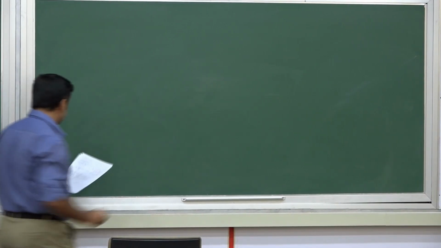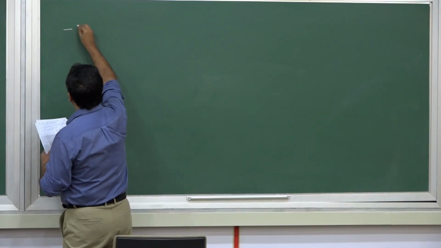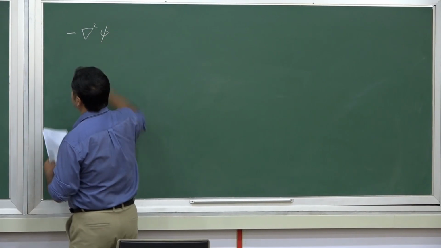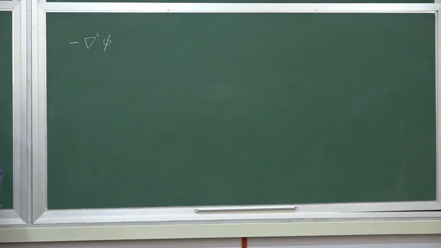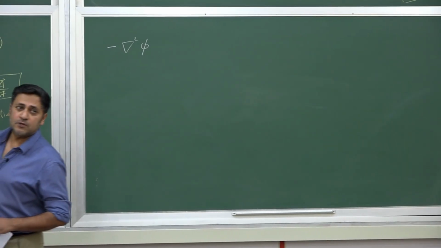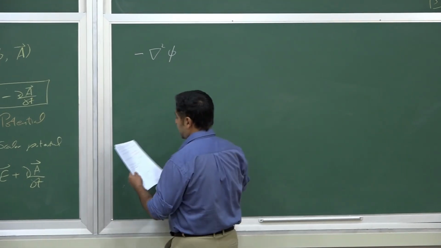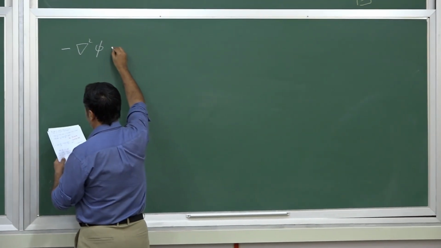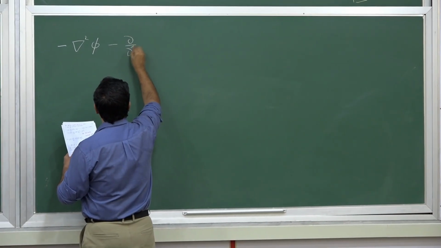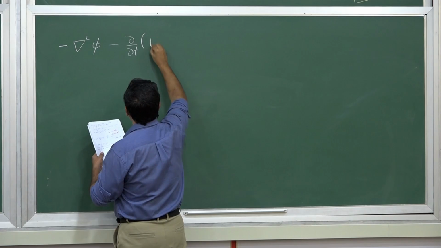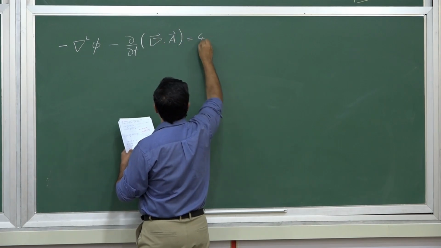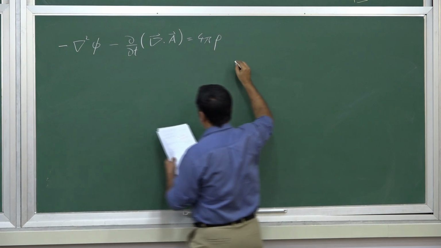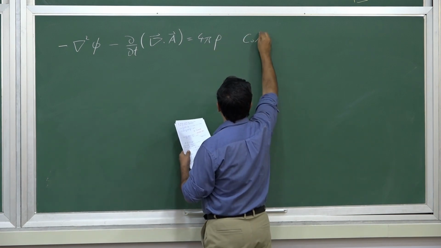So when I put them in the sourced equations, it's not very important, but let's just write it down. So I'm just putting this E in the Coulomb's law. So I get minus del square phi. I change the order of the derivatives. So this is the Coulomb's law.